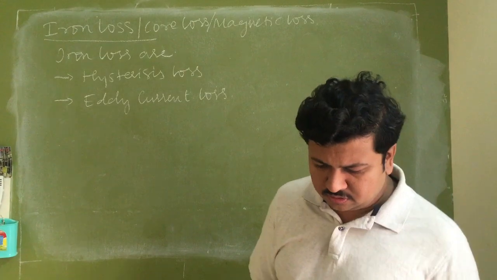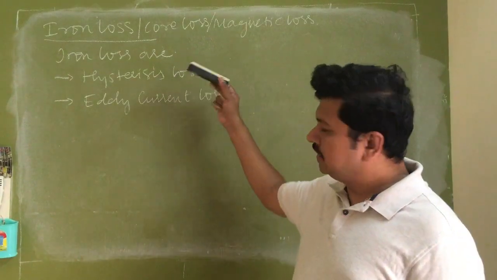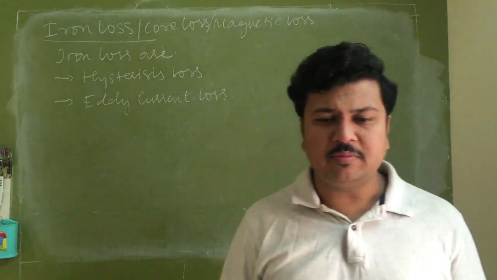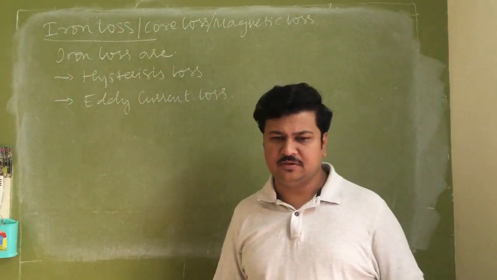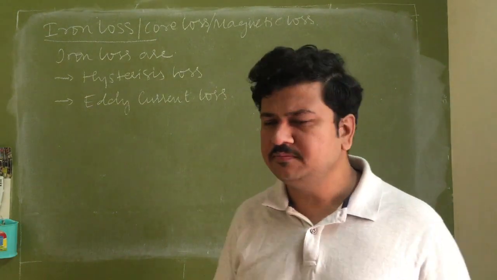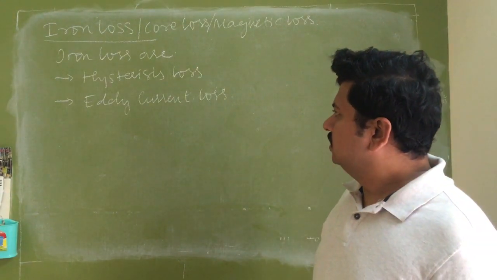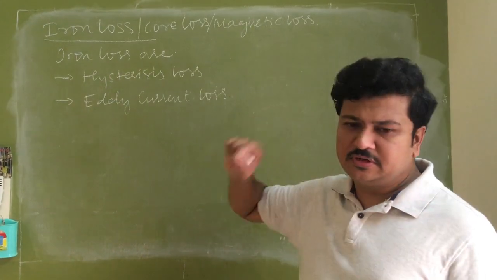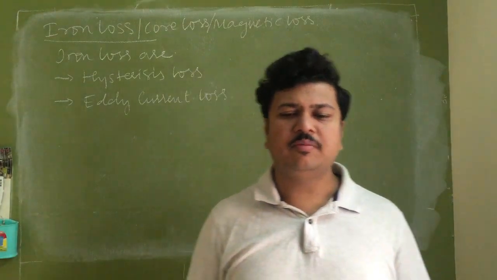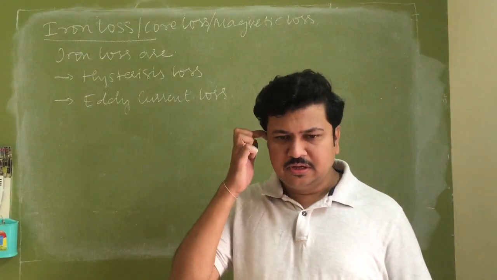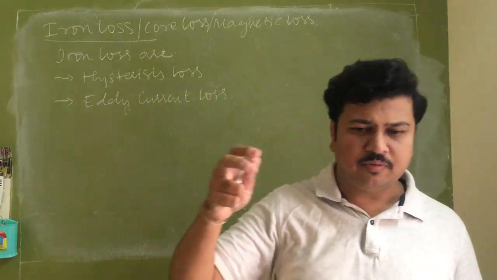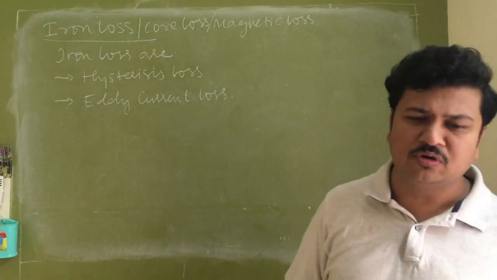You have studied this in the theory part, where you studied the atomic magnetic theory or molecular magnetic theory. Because of the hysteresis process, or hysteresis effect, or hysteresis property, there will be some loss, or some power consumed from the source by the transformer core.